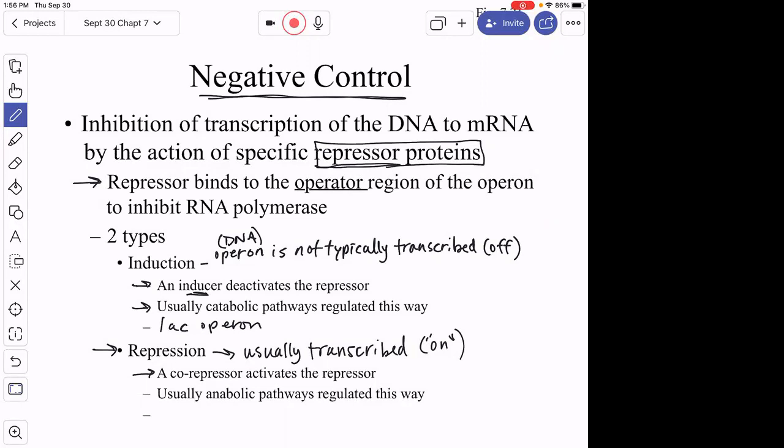Usually anabolic pathways are going to be regulated this way, so pathways where the enzymes catalyze the production of some molecule. The example that we're going to look at for this is the trp operon.